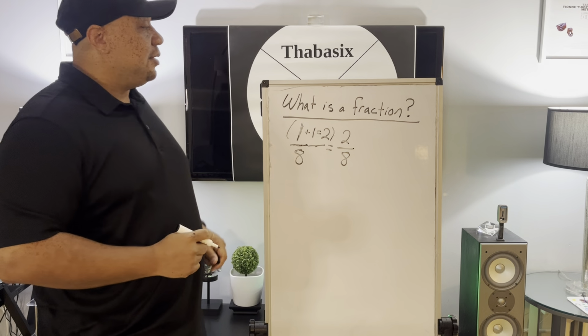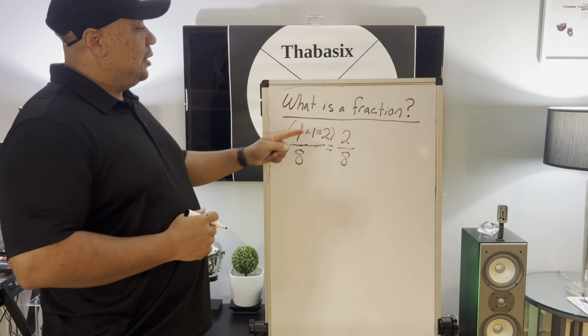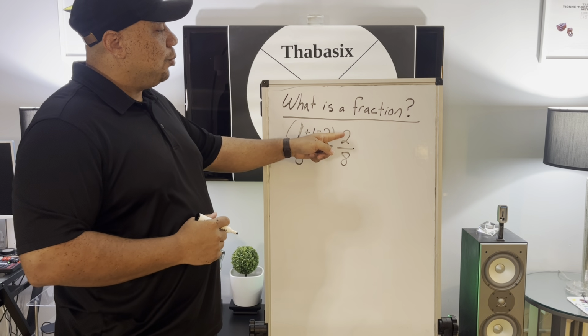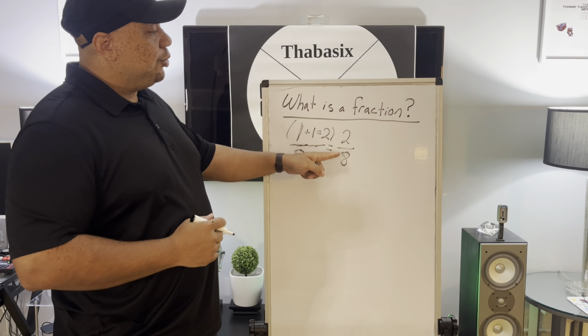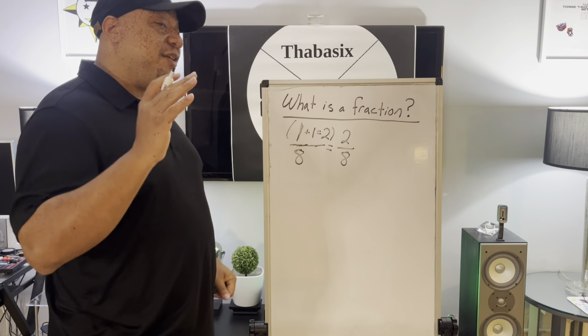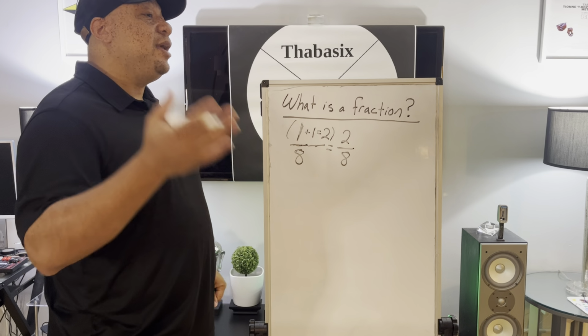Now, 2/8, I can reduce that because 2 goes into 2 once and 2 goes into 8 4 times. So reducing will give the simplest form. If they ask for the simplest form, that means reduce it if it can be reduced. We can't reduce 3/8.